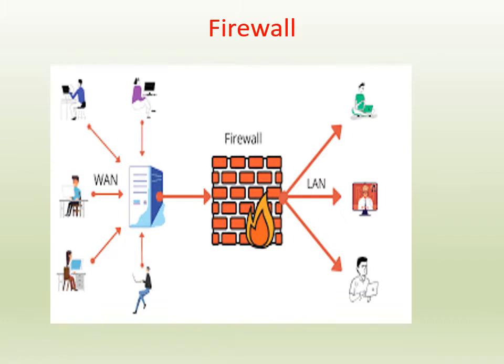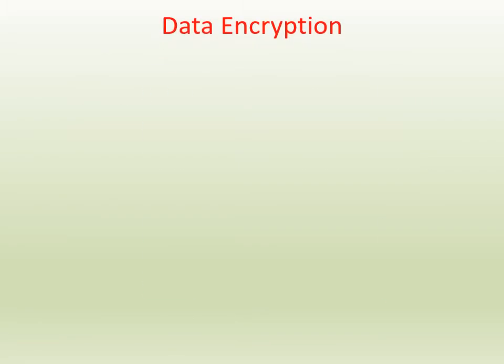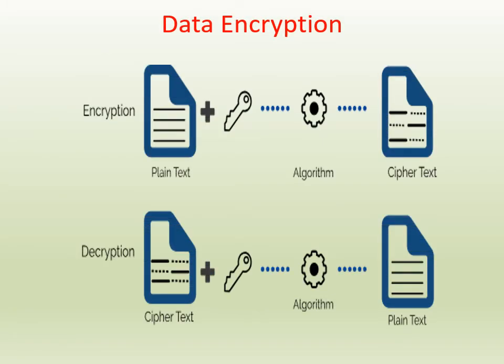Let's move towards the next security policy, which is data encryption. As shown in the diagram, you can easily see that plain text plus some key plus some algorithm will result in a ciphertext. So basically, data encryption is a method of protecting data by converting it into encoded information, which is known as ciphertext.